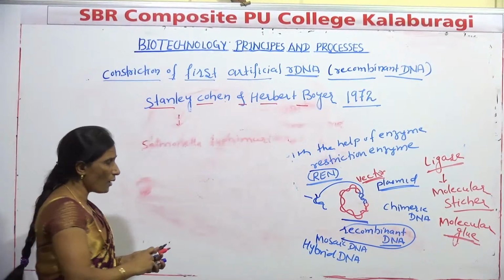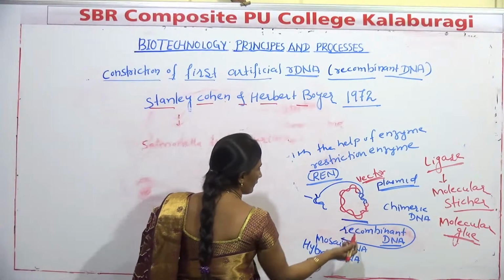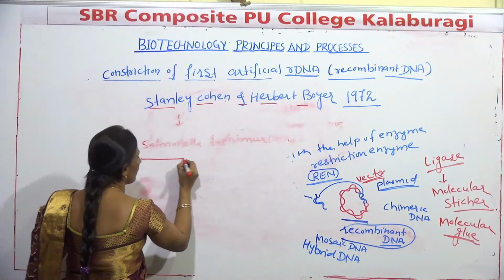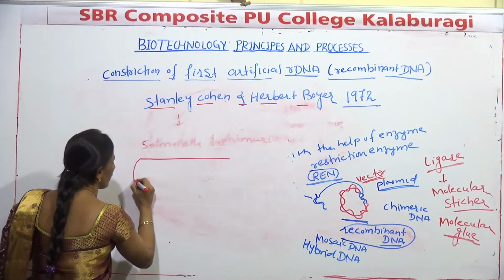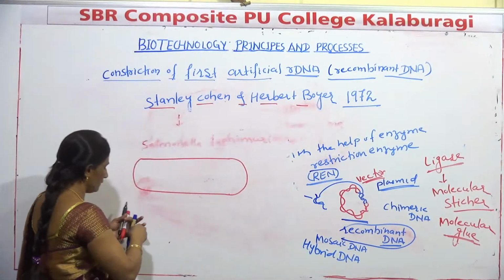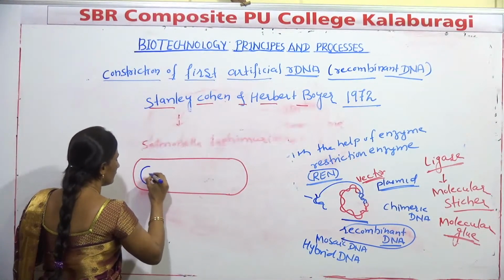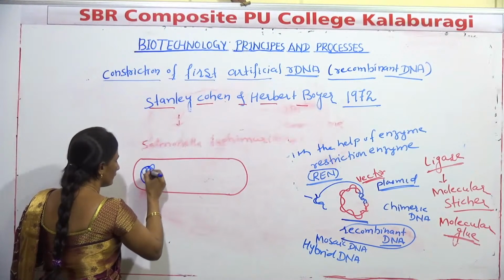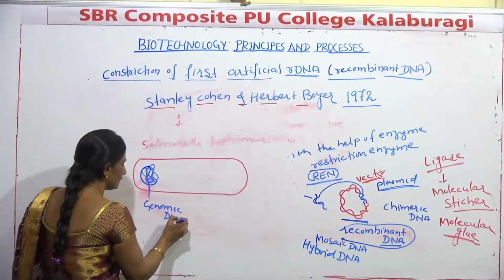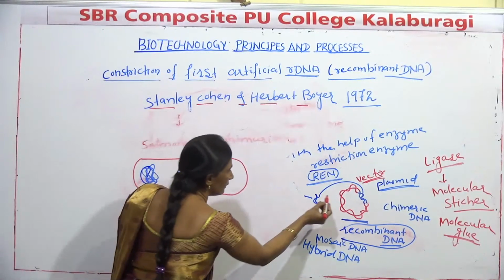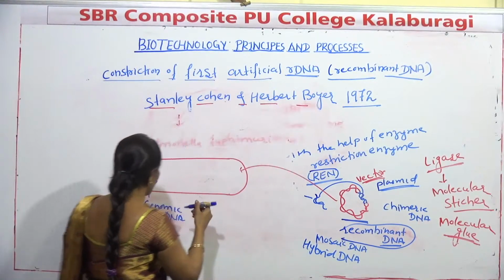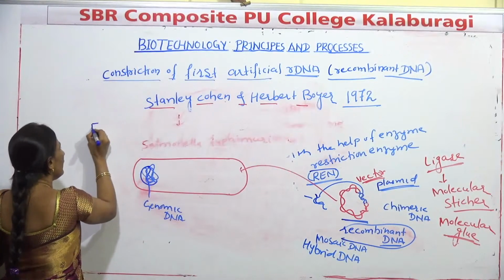This recombinant DNA, which contains the antibiotic resistant gene, is introduced into the vein, into the E. coli.